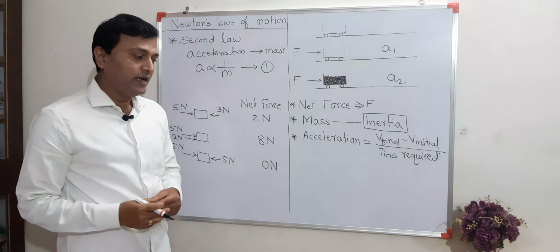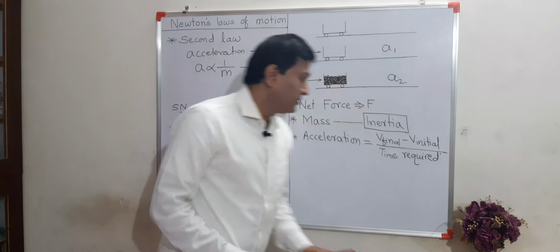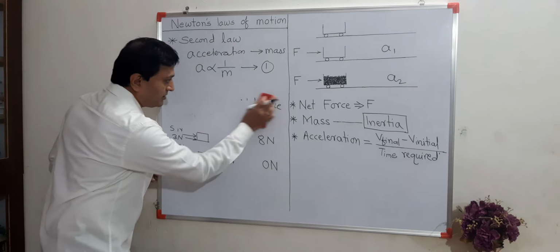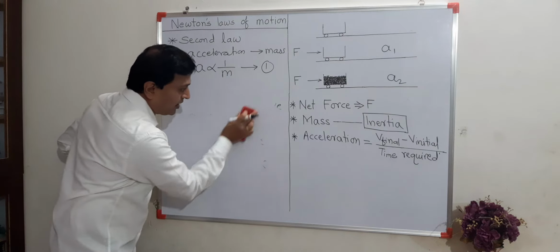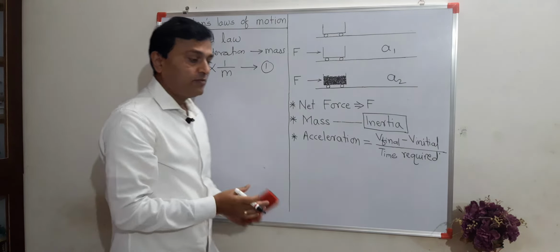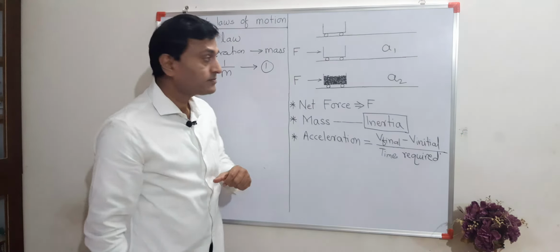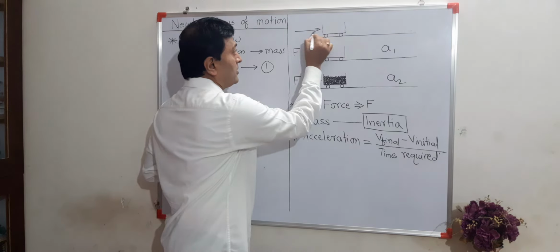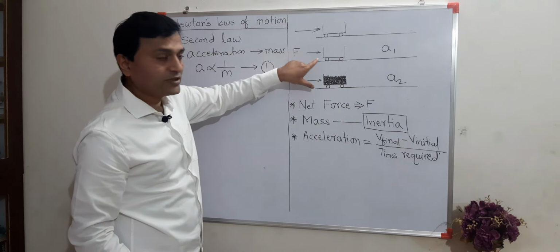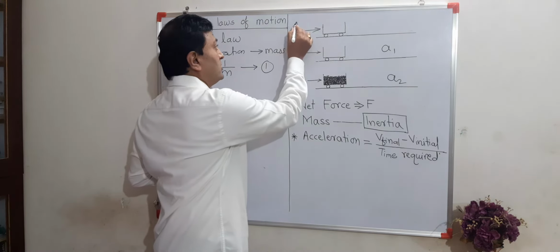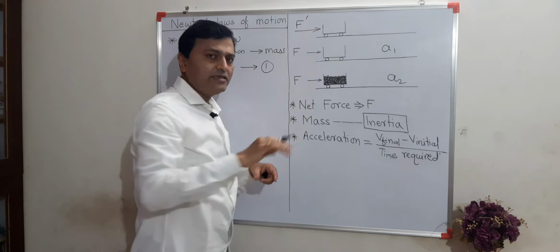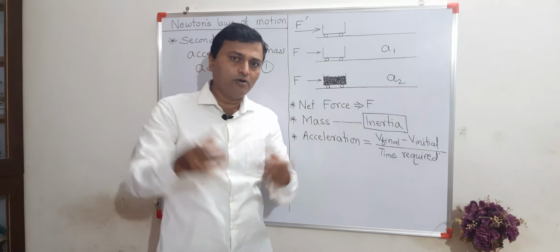Now the second effect. What is the second effect? Suppose we are applying different forces to the same mass. That's why I have taken this first trolley. Suppose this force is for the second trolley and the force for this one is F dash, that is different. You can take any symbol.